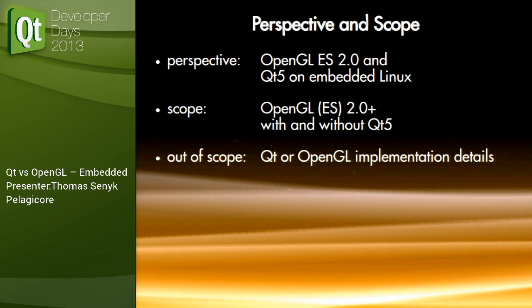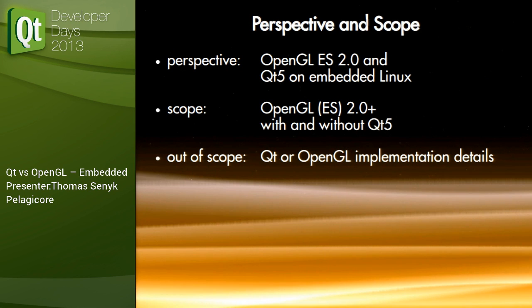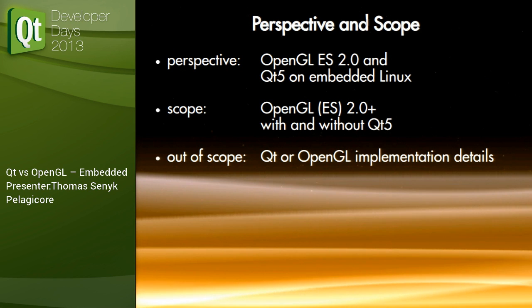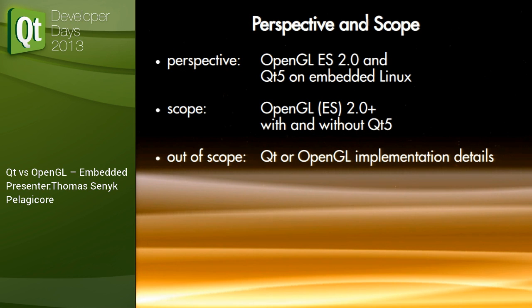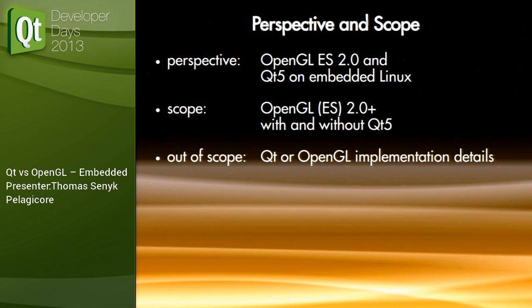And for integrating Qt into a platform, it's significantly easier with Qt5 and embedded Linux. And there is an endless number of ways of defining embedded. I think for this topic, the simplest way to define it is without X11.